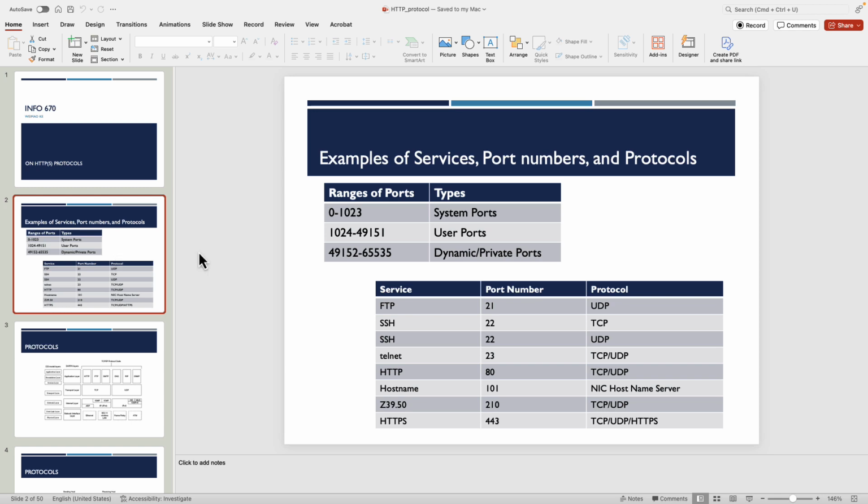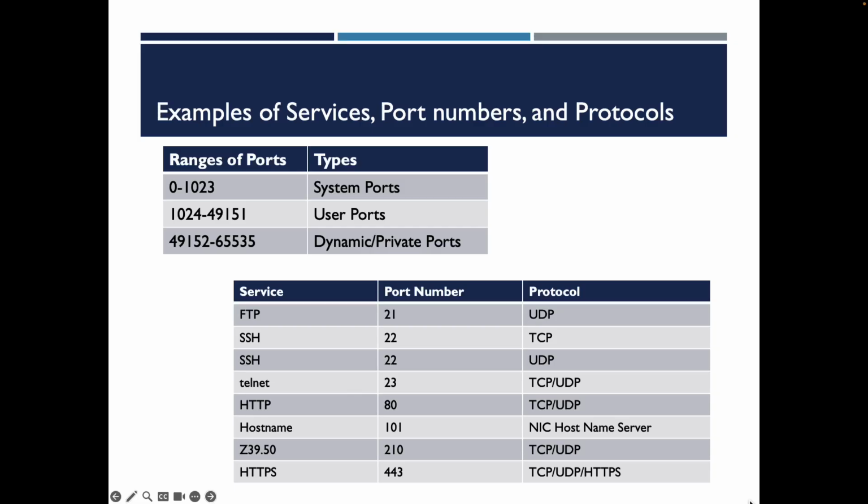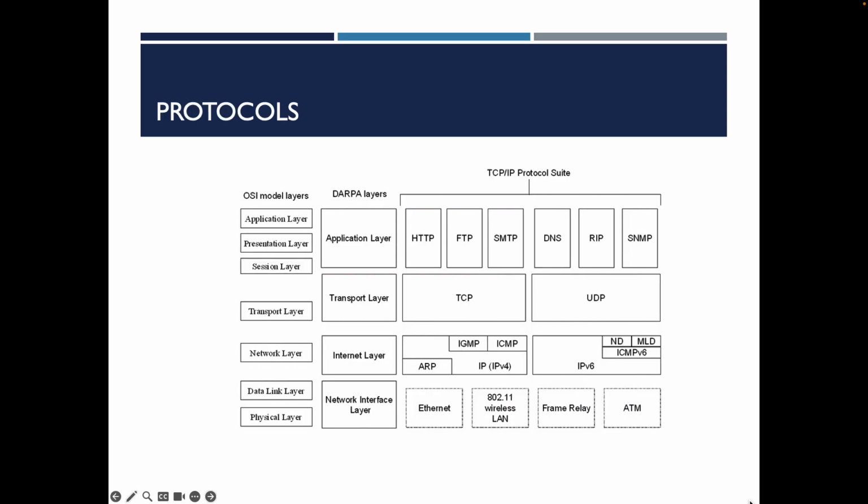So there are different protocols, as we know, right? And these protocols can run on different ports and systems, right? And so just to name a few protocols, this is the 7-layer OSI reference model, right? So look at the physical layer, wireless.